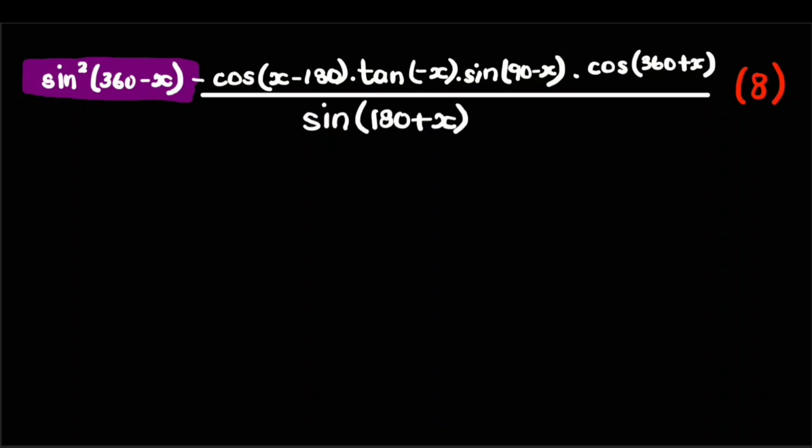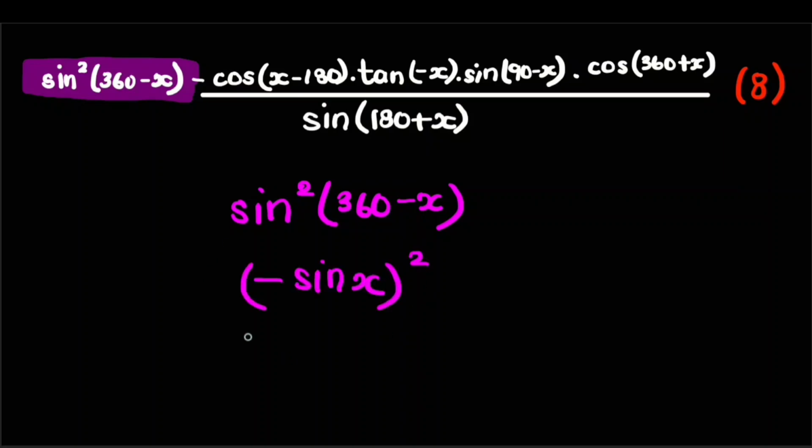And I just want to show you this separately first. Remember that whenever a trig ratio is squared, it means that the answer from that reduction formula is squared. So here we have sine squared of 360 minus x, and 360 minus lies in the fourth quadrant where sine is negative.